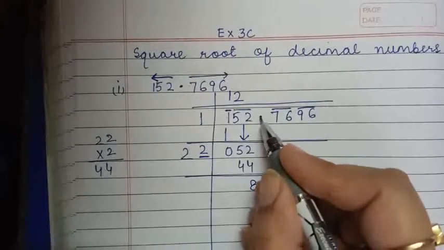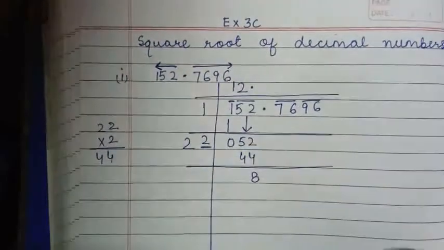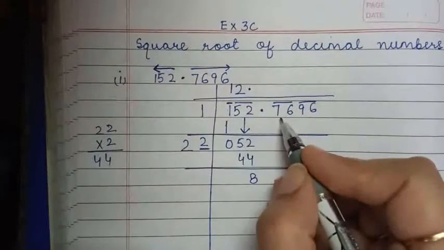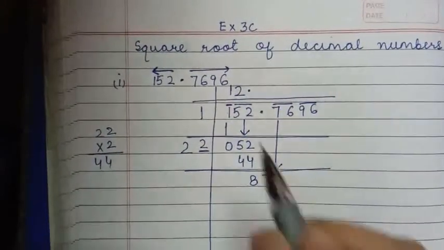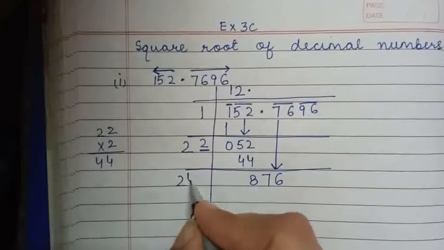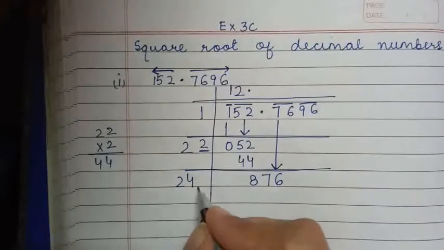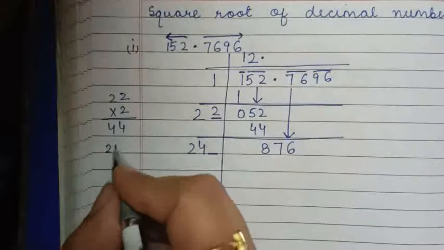Now there is a decimal, so we keep the decimal here, only here. Now I copy the next pair, 76. It is 876. Now what is the double of 12? It is 24. And what should I keep after this? Again I have to check in the rough.